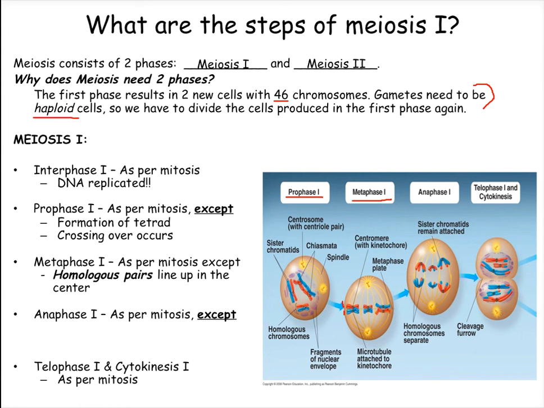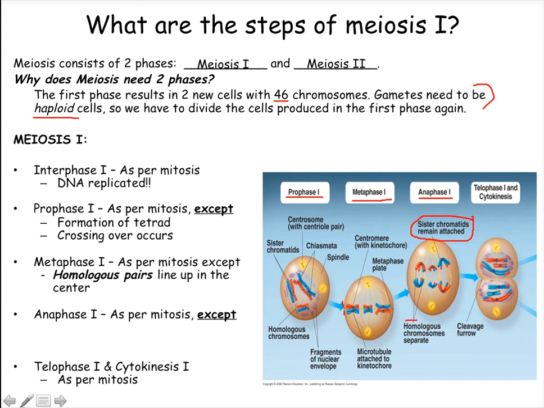The reason why this is important is because it's going to affect what happens in the next stage, which is anaphase 1. If we were looking at mitosis, we would know that in anaphase of mitosis, the sister chromatids split. But in this case, because they lined up originally in homologous pairs instead of in a straight line, what's going to happen in anaphase is that the sister chromatids will remain attached to each other.